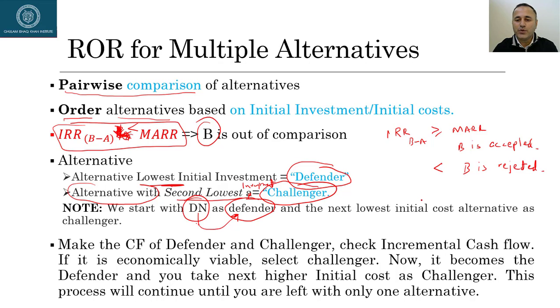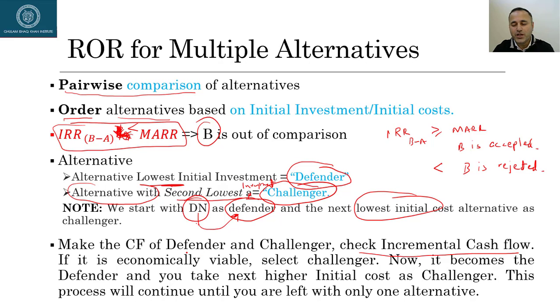Then I compare it with the second lowest initial investment, and decide whether DN is preferable or the alternative is preferable. Then I make those decisions accordingly. So make the cash flow of defender and challenger, and check the incremental cash flow.